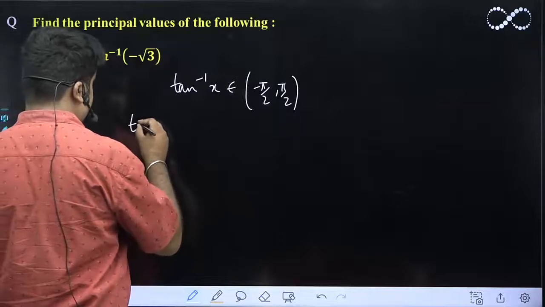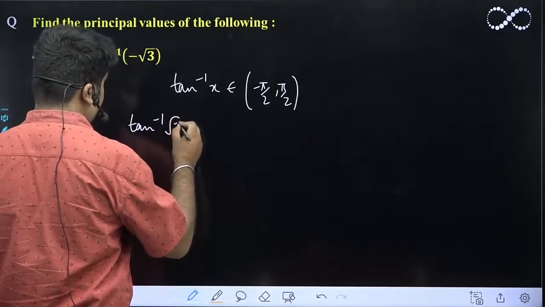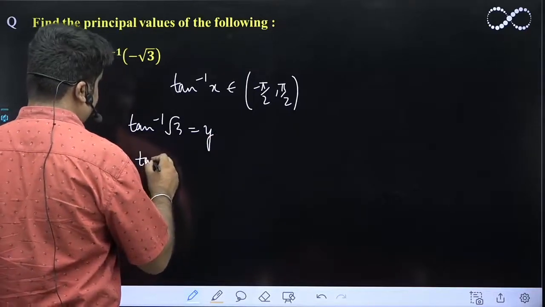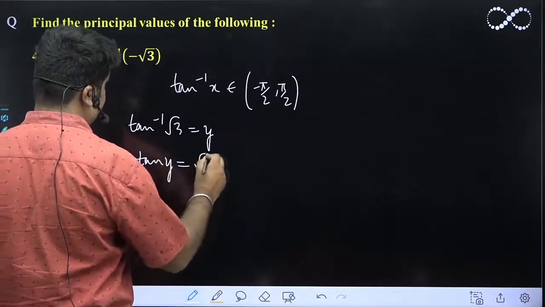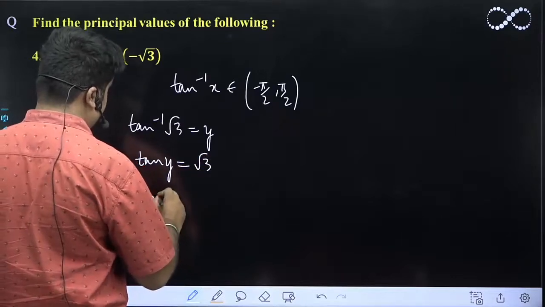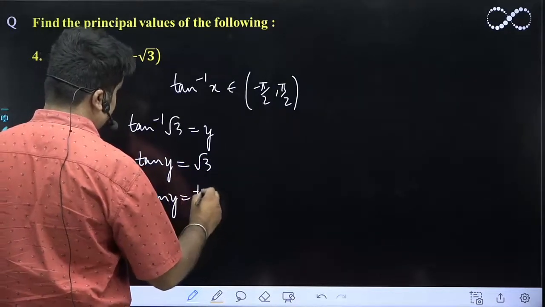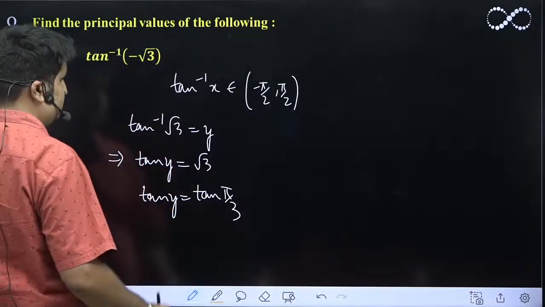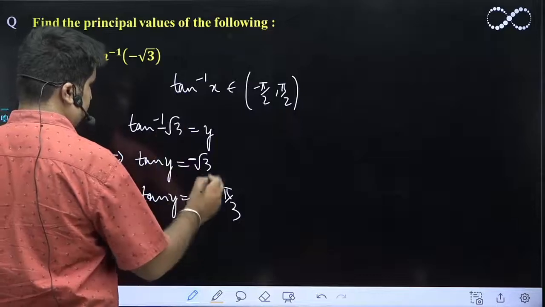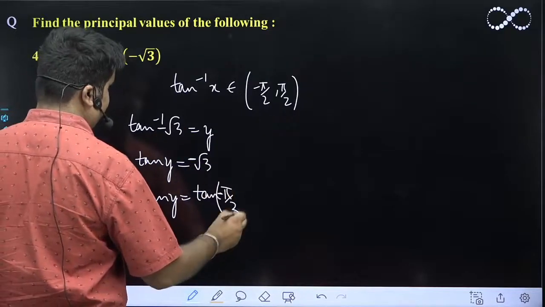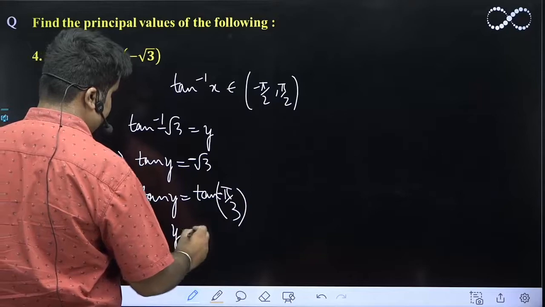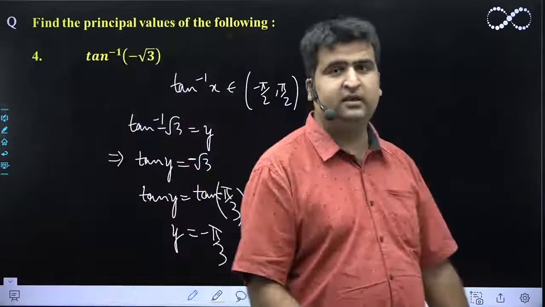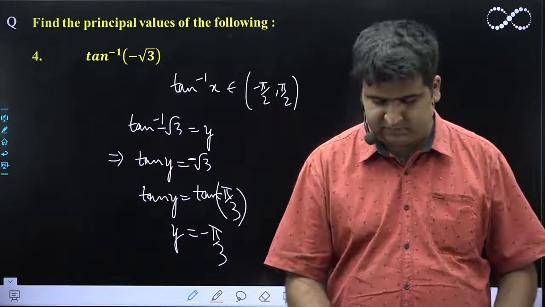So if tan inverse root 3 is equal to y, this implies that tan y is equal to root 3. So tan y is equal to tan pi by 3. Sorry, this is minus root 3. Okay, so this is tan of minus pi by 3. So y is equal to minus pi by 3. So therefore the answer to this one will be minus pi by 3.